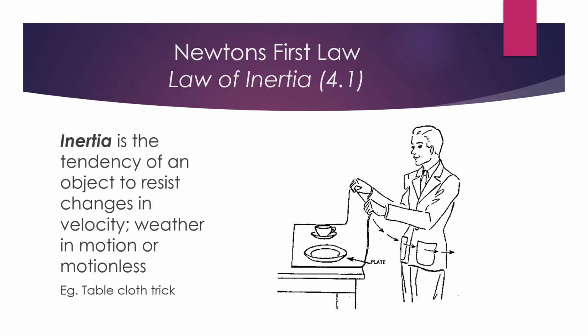So if you can pull that tablecloth fast enough, they won't move because their inertia, their resistance to change, is going to keep them where they are there on the table. Okay, and we're going to see a lot more examples of inertia as we go through chapter 5 and chapter 6. So Newton's first law is the law of inertia, where objects resist any change in motion.